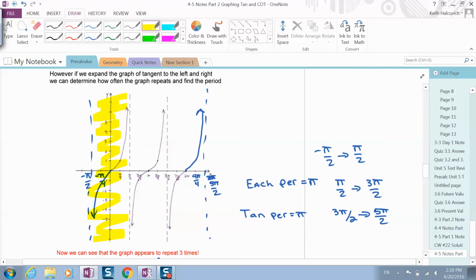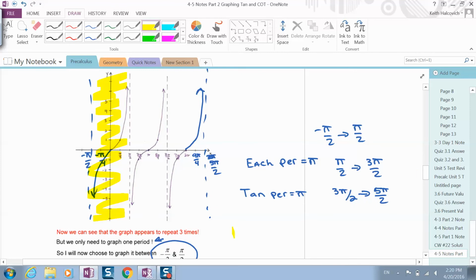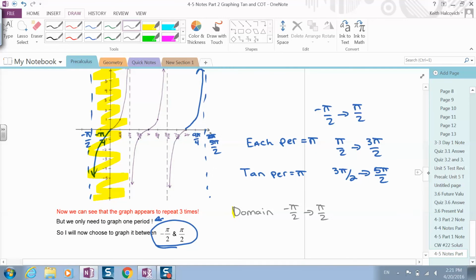That is what we're going to use as our graph for the tangent. And so the domain is from negative pi over 2 to positive pi over 2 for the tangent function when we graph it.